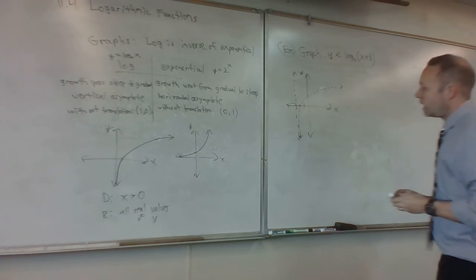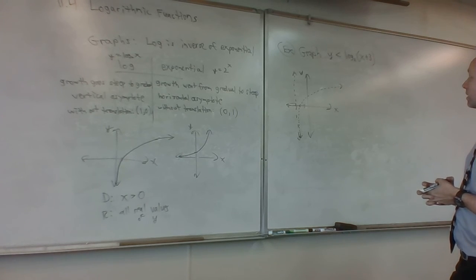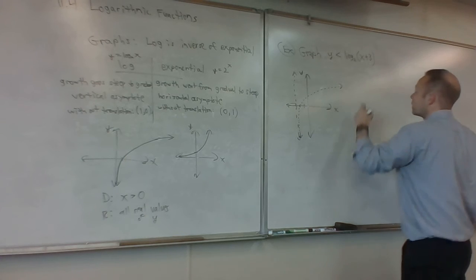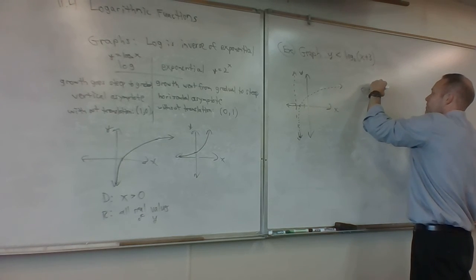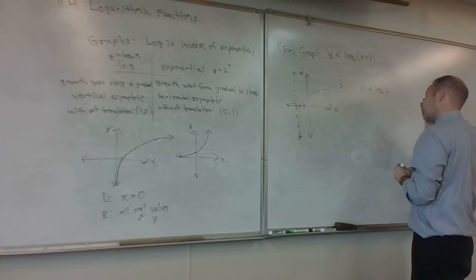Okay. Now we need to figure out where we should shade. Well, you can always plug in 0 for x and y and see if you get a true statement. Let's see. Is it true that 0 is less than log base 2 of 3?